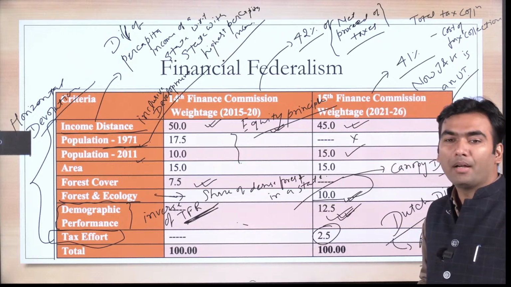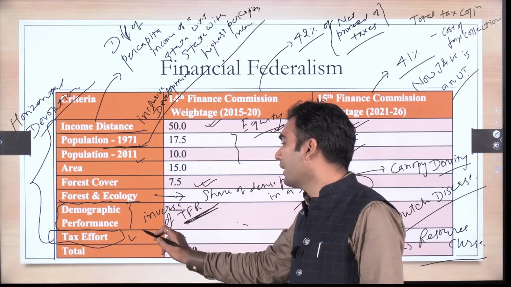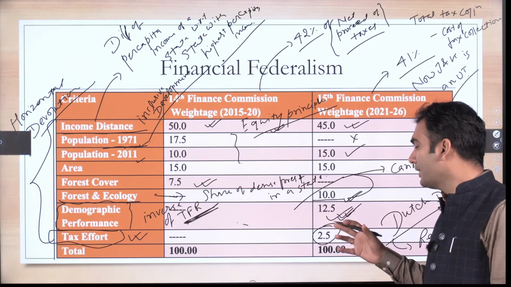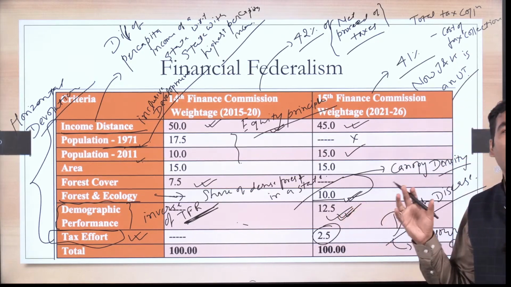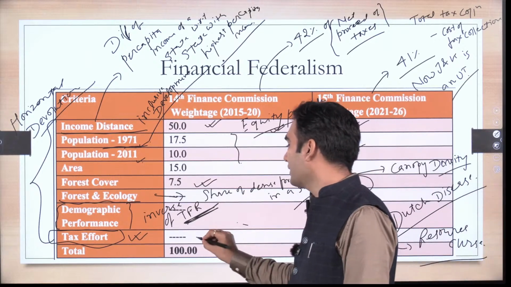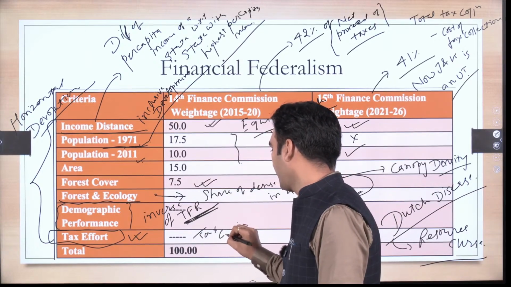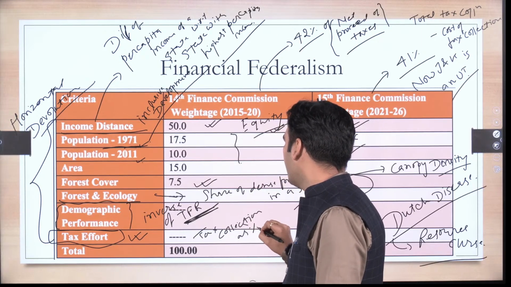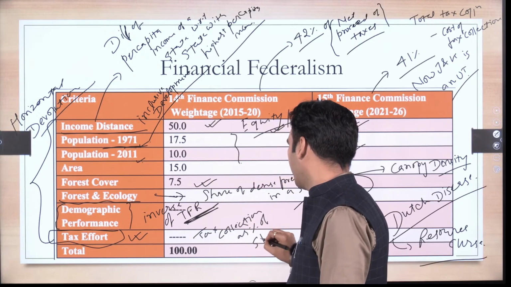Okay, so now to counter this understanding, although their weightage is very less, only 2.5%, an element of tax effort has been introduced. This is in proportion to the tax collection as a percentage of a state's GDP.